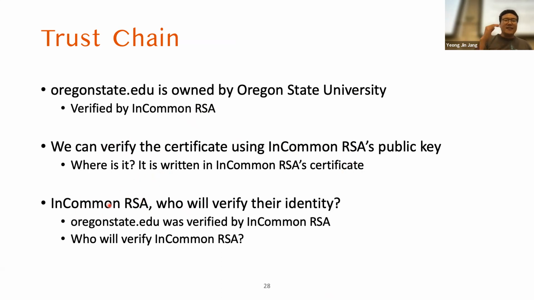If an OregonState.edu certificate is signed by Youngjin Zhang, then never trust that, because anyone can generate that. The important thing is that we need to allow a trustworthy entity to issue this certificate. The same thing happens with a real ID, the driver's license. Only the DMV can generate that, and if any other entity generates it, that's a fake ID.